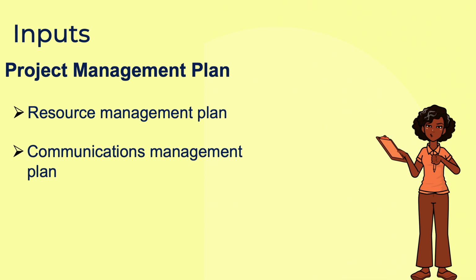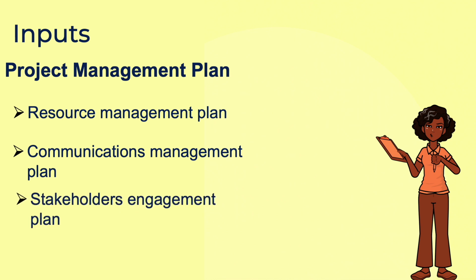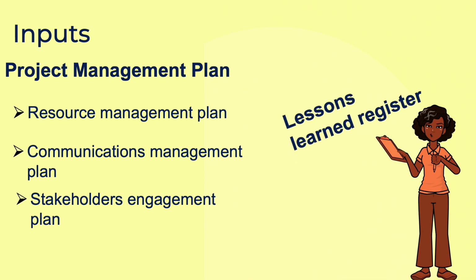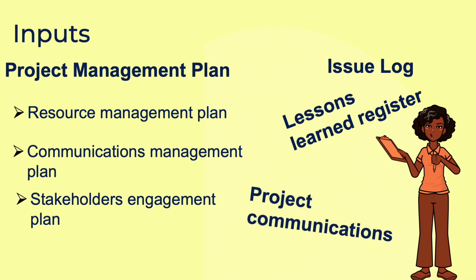It identifies the team members, stakeholders, and the work involved in the communication process. And lastly, the stakeholder engagement plan, which identifies the communication strategies that are planned to engage our stakeholders. Other document inputs that are included are the lessons learned register, the issue log, and project communications.